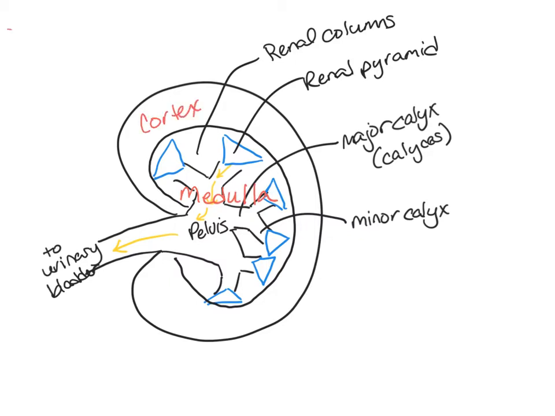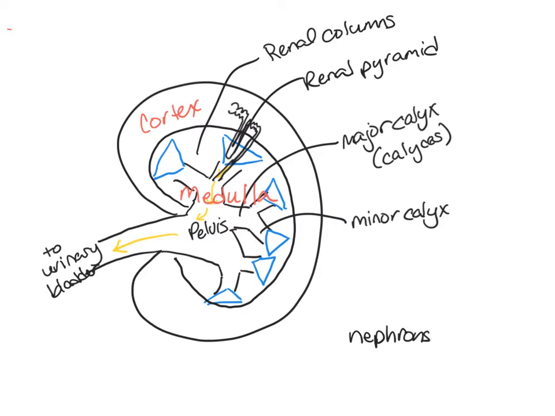In a little bit, we're going to be looking at the functional structures of the kidney, which are called the nephrons. And the nephrons start in the cortex, and then they extend down into the renal pyramids, into the medulla. So we'll be looking at those. They're out here, and they are these tubules, and they extend down. Okay, so we'll be looking at those in another picture.